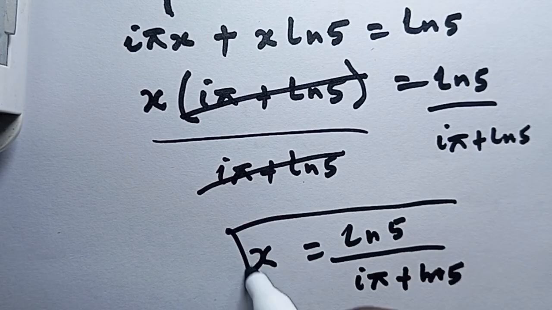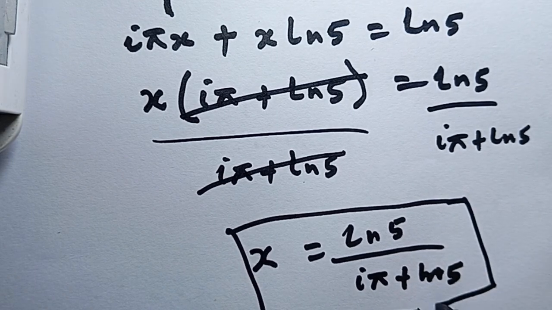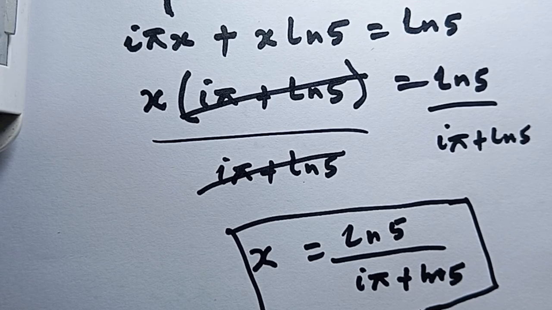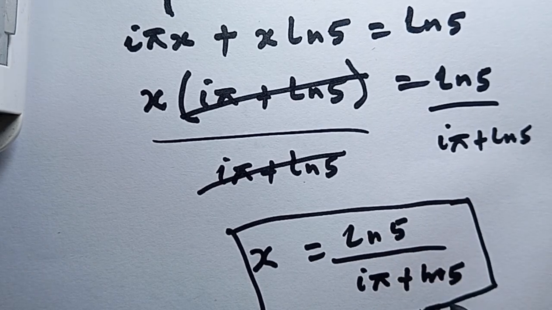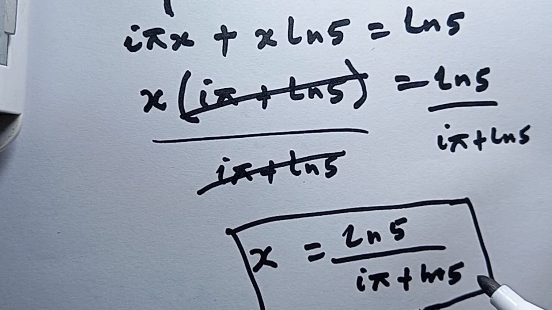And obviously this is actually going to be the value of x that will satisfy the problem we are solving. So this is how you can actually solve this. And so what you're actually going to do is you can go ahead to compute natural log of 5 and then put it right here, which is basically going to be giving you a real value.